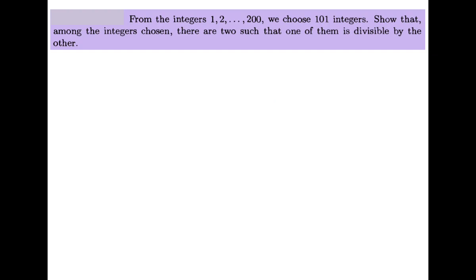You have to see why this 101 is given. For example, from 1 to 200, there are 100 even numbers and 100 odd numbers. And 101 is there, so there may be repetition of odd numbers or even numbers, something like this. So you have to form some sets. Think over how you can prove it.